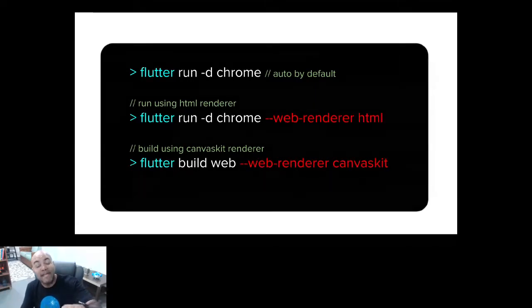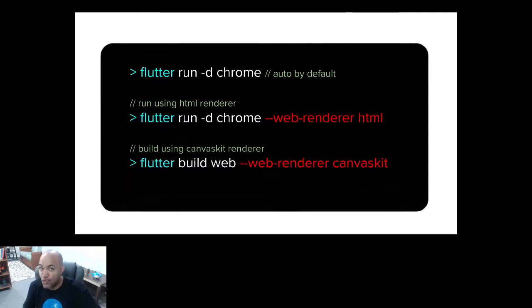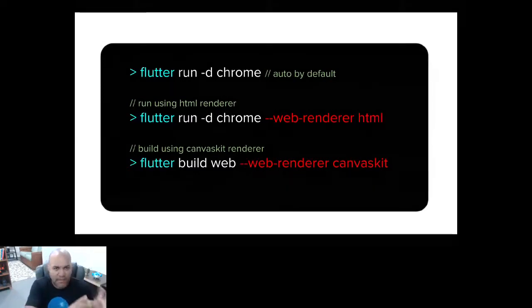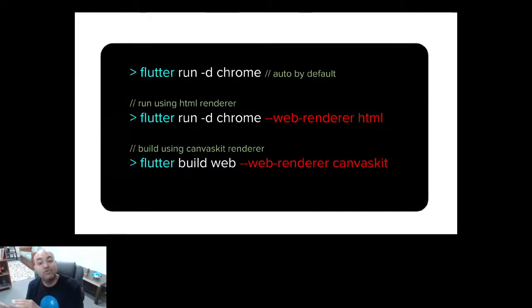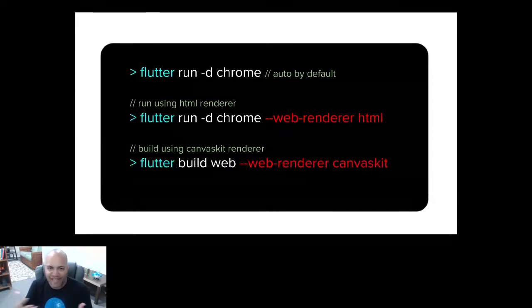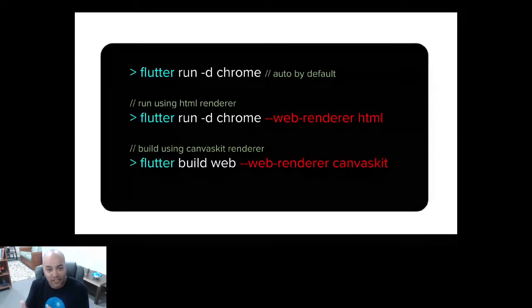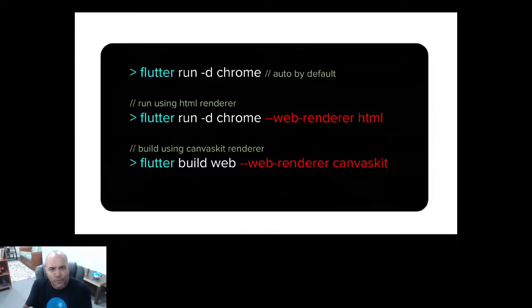You could also specify the web renderer in which you want to run your application, because you want to see how it looks on just HTML based files, like HTML and JavaScript, what it generates. Or you want to use the CanvasKit web renderer, because you want to see how performant your game or your web app is in Flutter, because you want a lot more performance and smoother animations, but you don't care that the package is a little bit bigger.